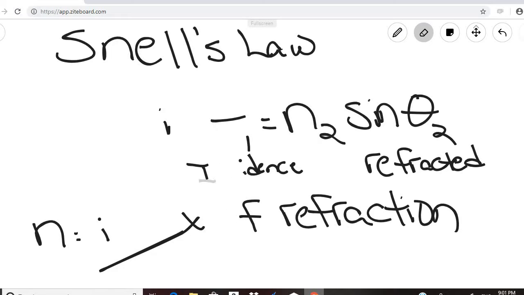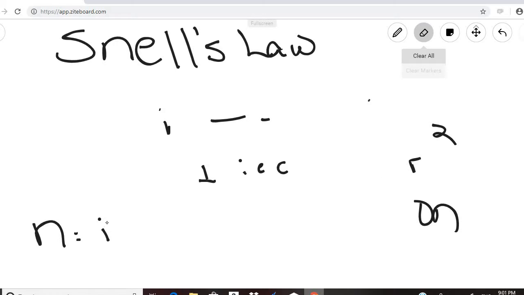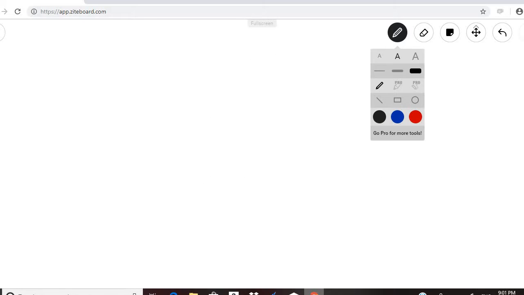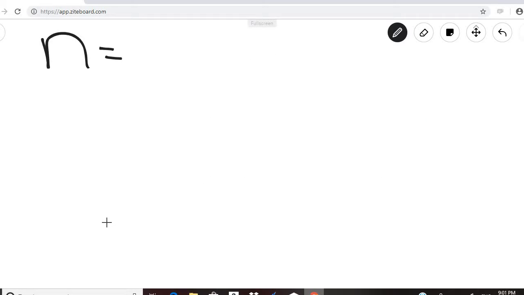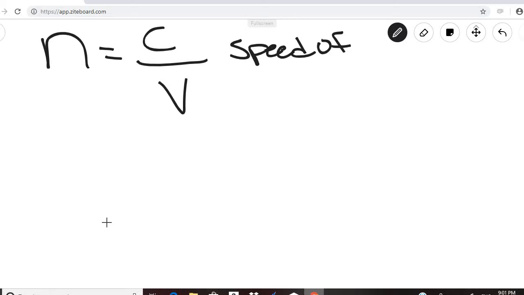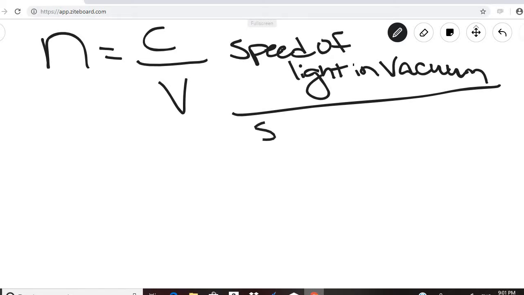So n is equal to c over v, where c is the speed of light in a vacuum divided by v, the speed of light in the medium that we are interested in.